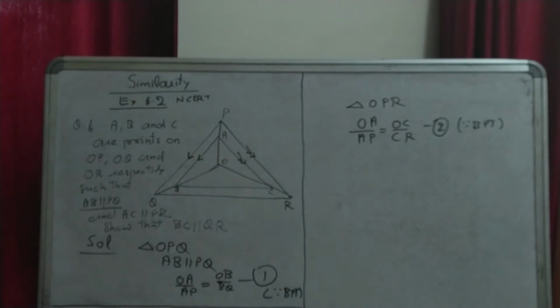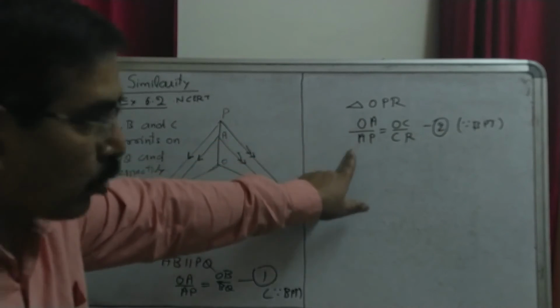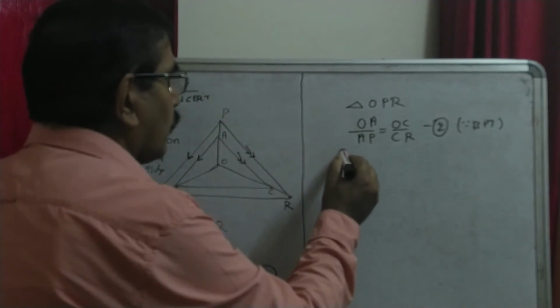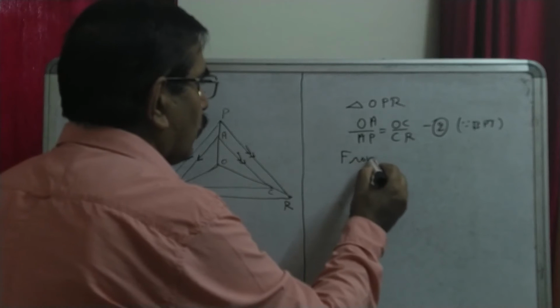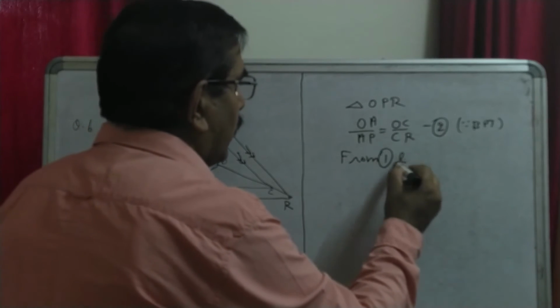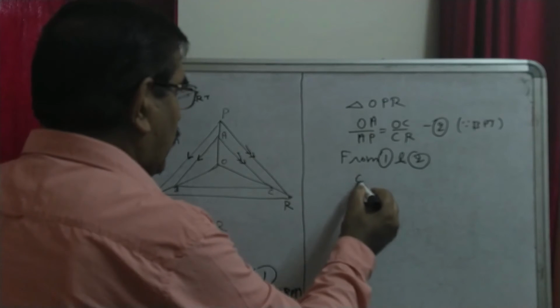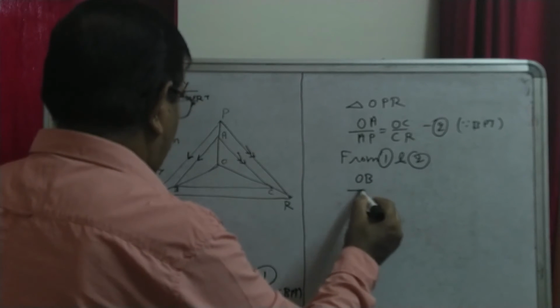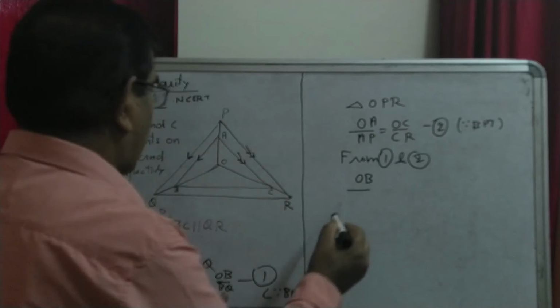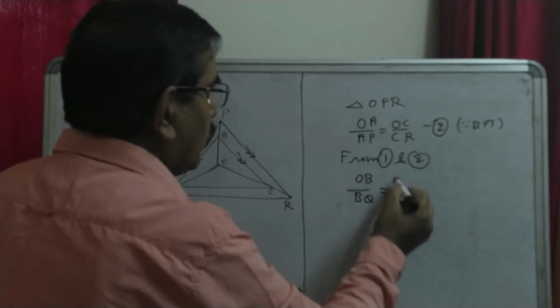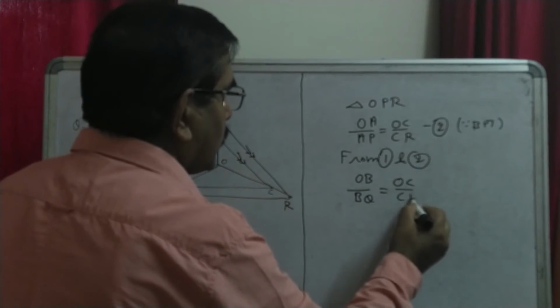If you clearly observe these two results, you get OA over AP here, and you get OA over AP here also. So you can say from 1 and 2 we get the result OB over BQ is equal to OC over CR.